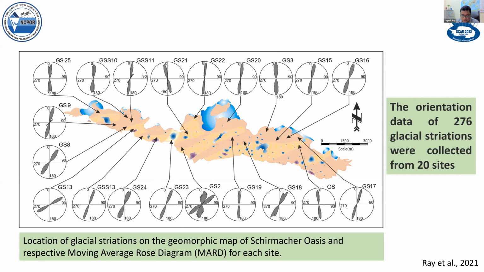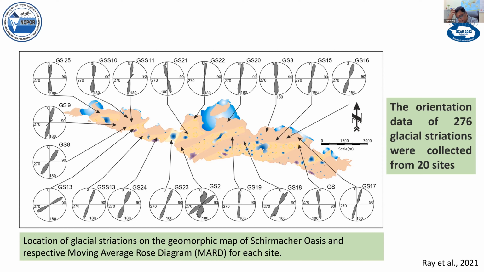The adjacent valley wall and surfaces of the Rocky Mountain were investigated. The orientation data of 276 glacial striations were collected from 20 different sites. With the help of a Brunton compass, we noted the orientation of them.